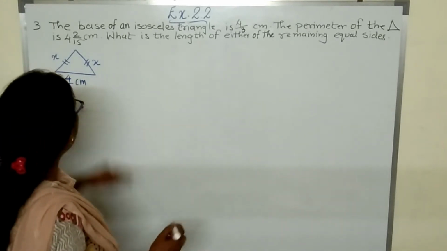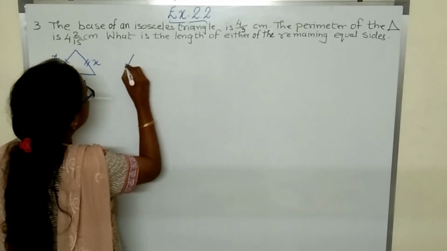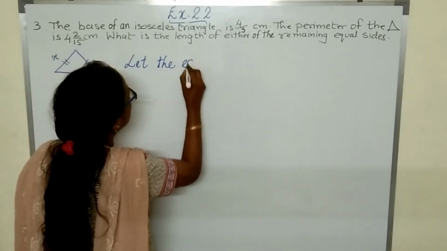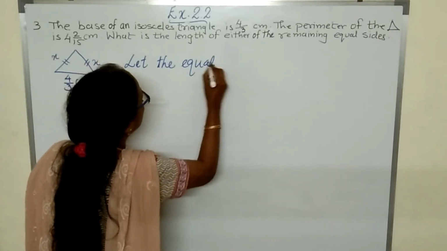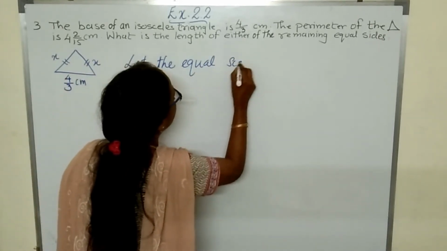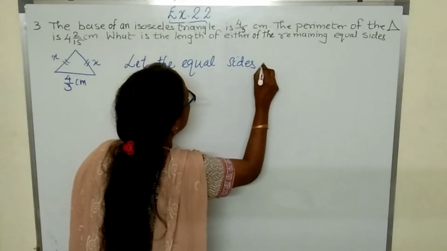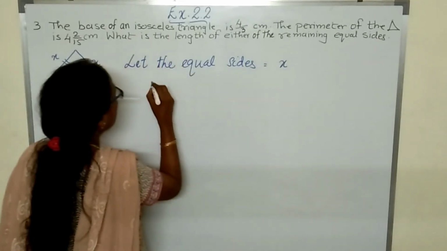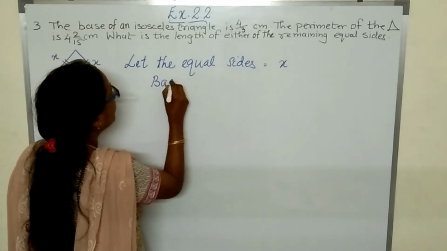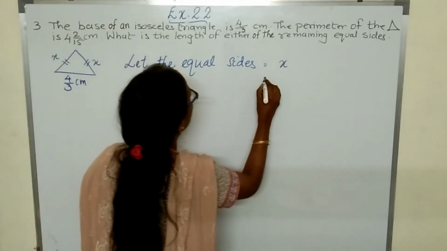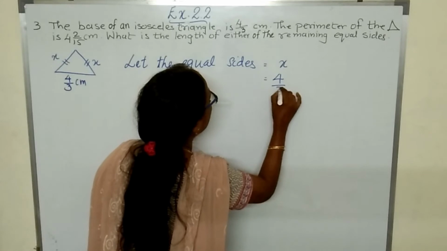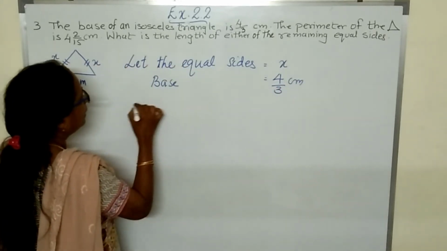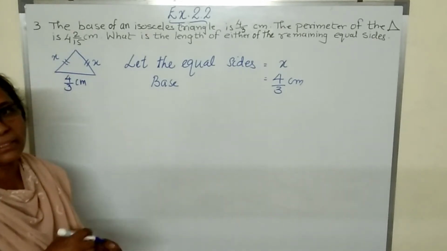So let us take the unknown side. Let the equal sides be equal to x. Base is equal to 4 upon 3 centimeter. What is the perimeter of a triangle?